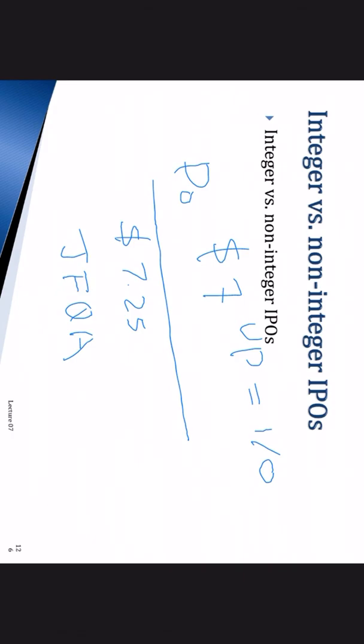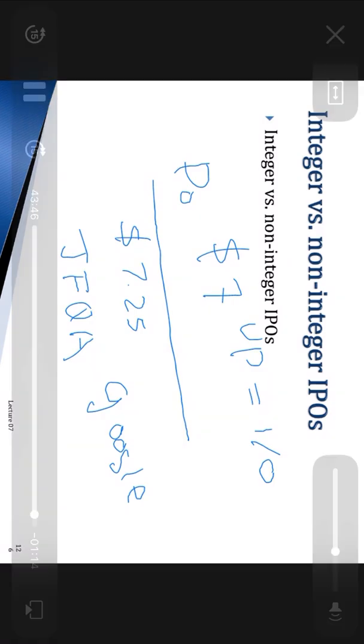If you are interested, you can search on Google Scholar to find the paper. Use integer, non-integer IPO as the keywords. The paper provides detail regarding how they perform the analysis, what conclusion they derive, and how they interpret their findings. So I leave this for you as some practice if you are interested.